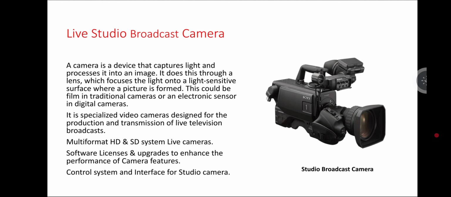So these are the features. What are the working functions of the cameras, how it performs, and it works multi-format HD and SD systems, and there are some software licenses to upgrade the performance of that camera and control systems.